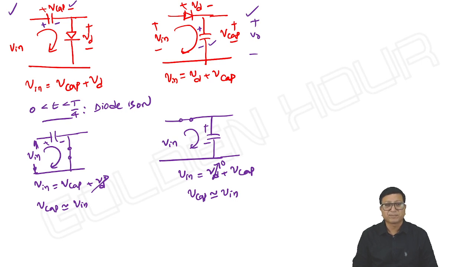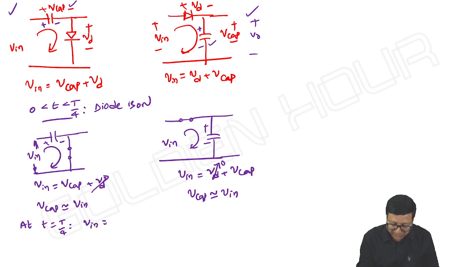Fine. And at t equal to T by 4, I am now writing the common statements. At t equal to T by 4, V input is reaching its peak amplitude. Let me take the same example like 5 sin omega t.